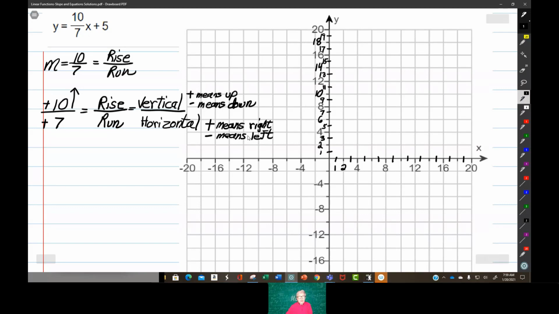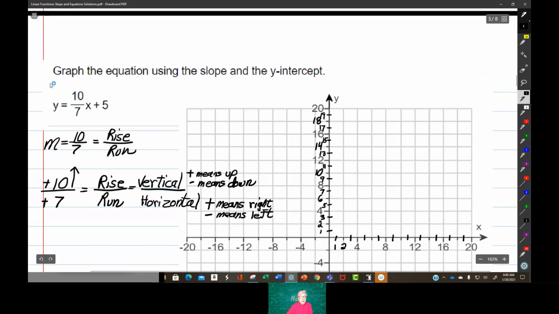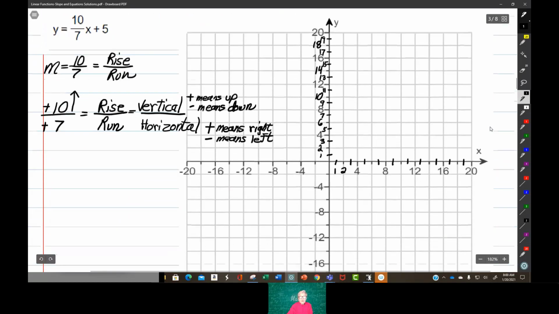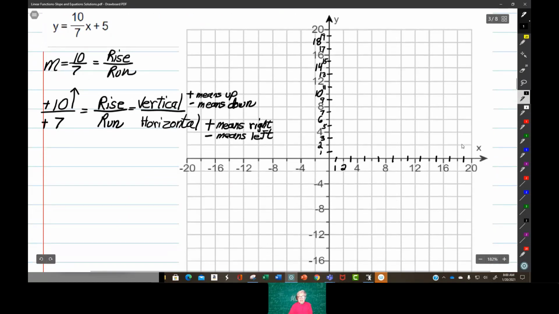So the method for graphing the equation using the slope and the y-intercept means you don't have to struggle to find points. You already know that's the y-intercept because this is slope-intercept form. That's the y-intercept. In other words, it's a point on the line.